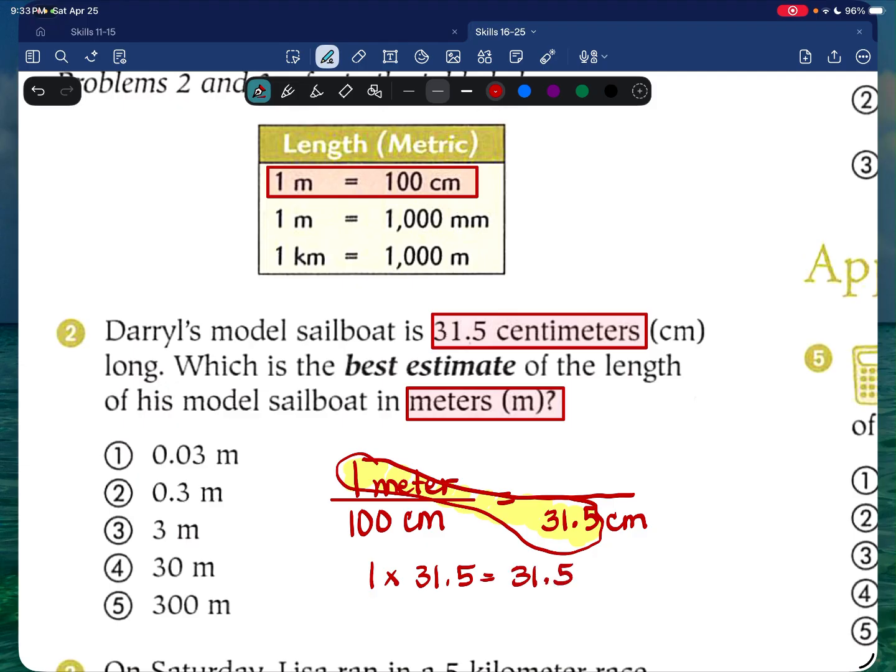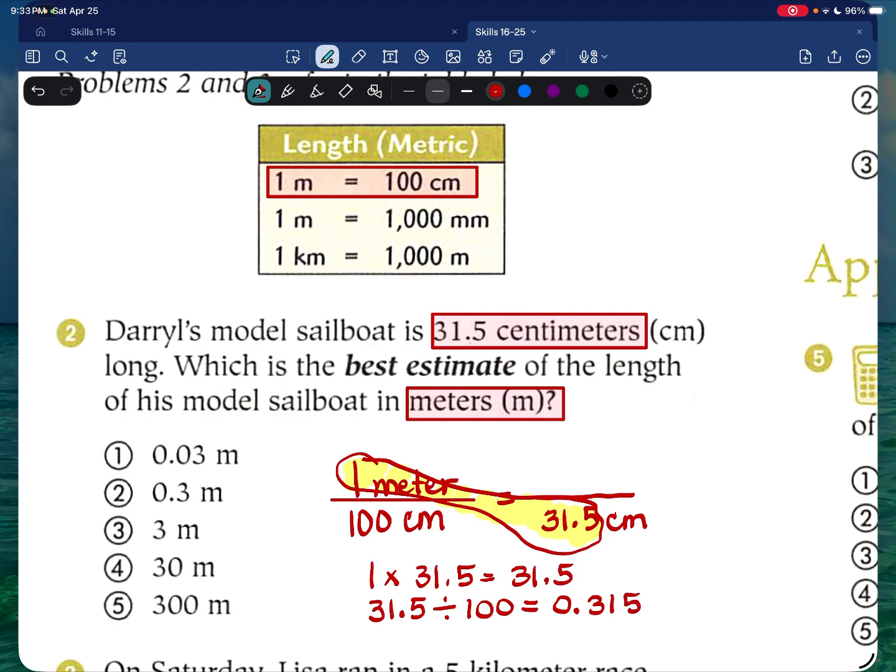And then you turn around and divide that number by 100. And you can use your calculator, or you can just move your decimal 2 places to match those 2 zeros to the left. So you would have 0.315.